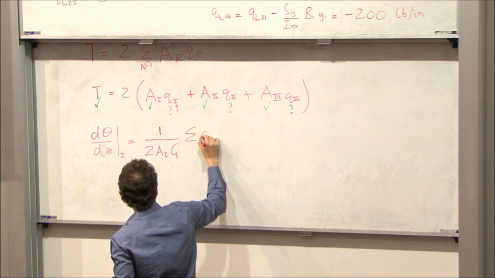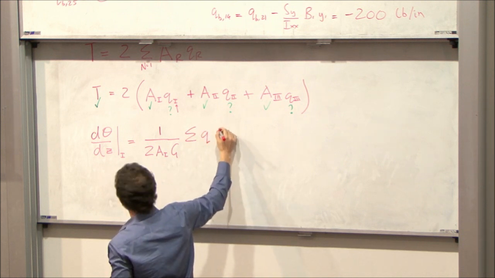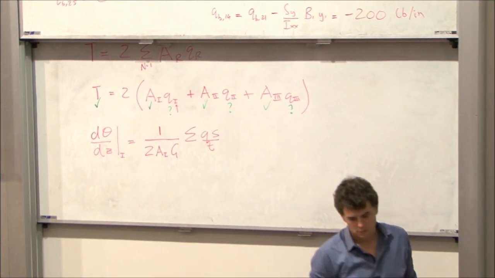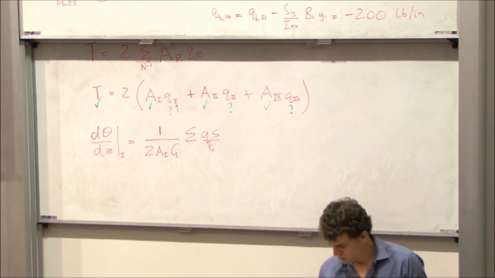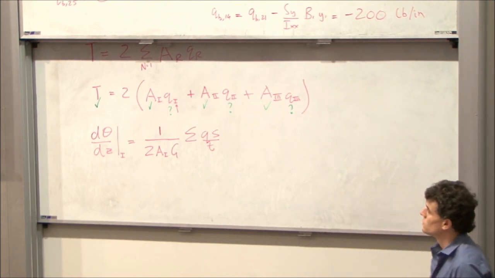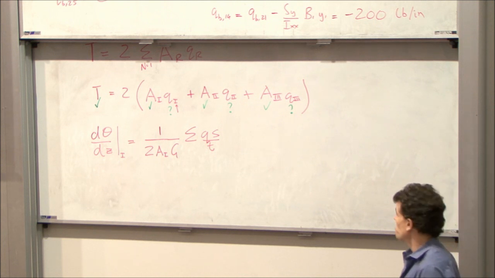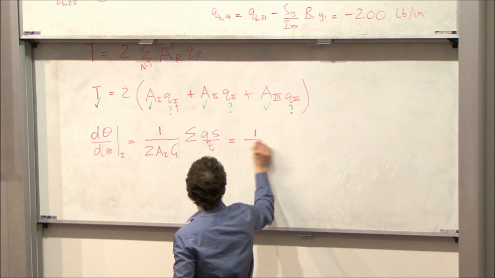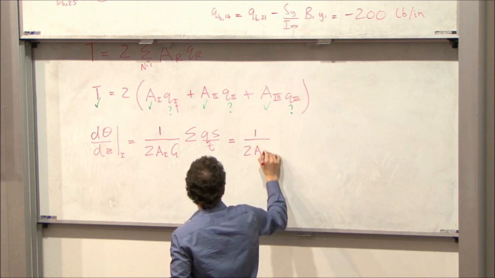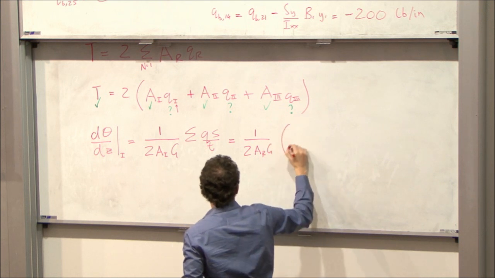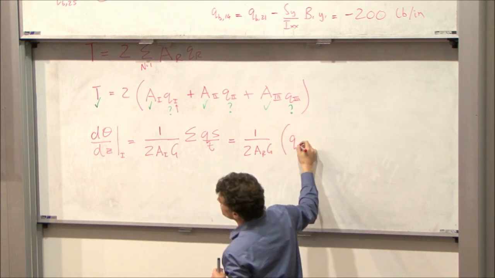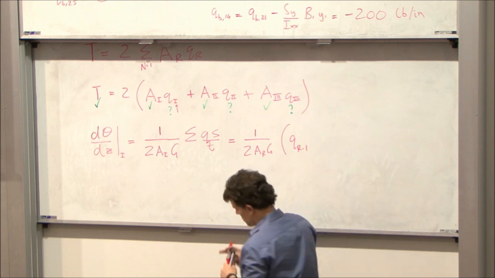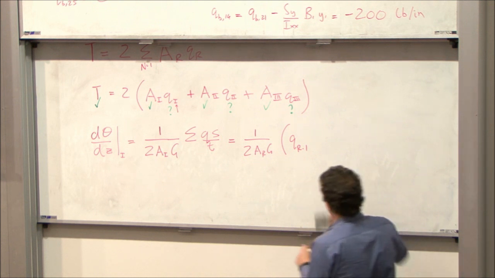Sum of Q times S over T, which is expanded here as... okay, hang on, I'll write this out in the notation that we're actually trying to write it out in.